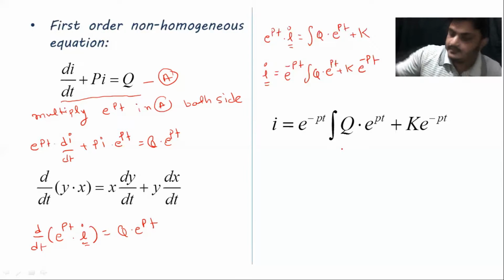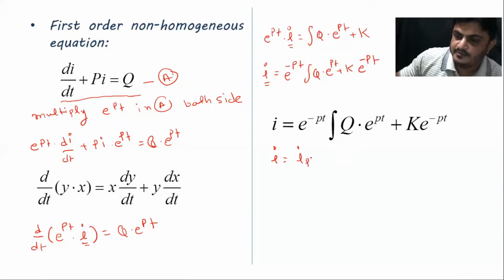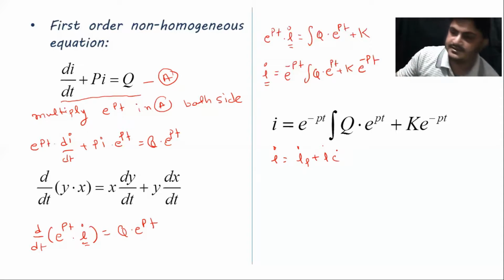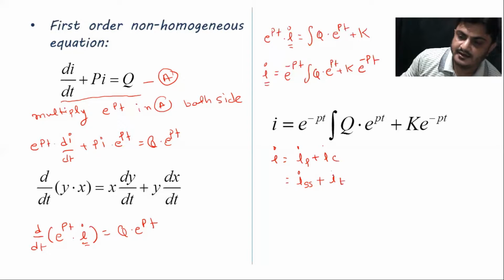So let me further write this down. Your I can be written as, if you remember your mathematical class, I equal to IP plus IC, which is known as the particular solution and complementary function. This can also be written as ISS plus IT.